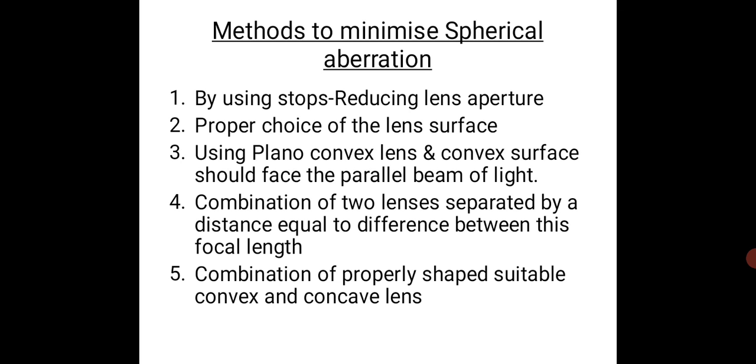Aperture means the area of the lens which is open for light to fall on it. If we reduce the aperture of the lens, then we can minimize the spherical aberration. That is by using stops. Either you can block the marginal rays or you can stop the paraxial rays.